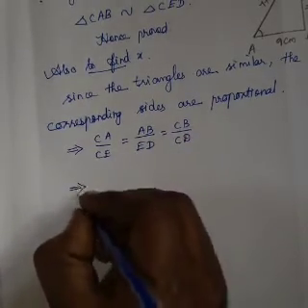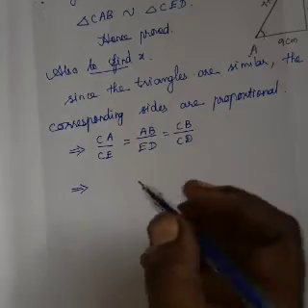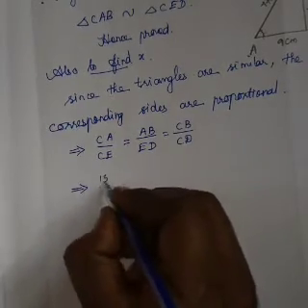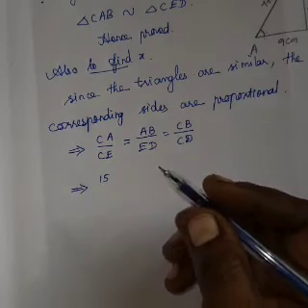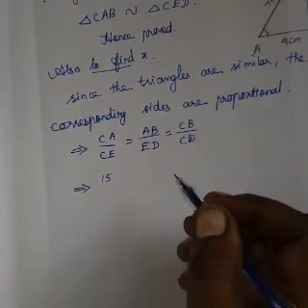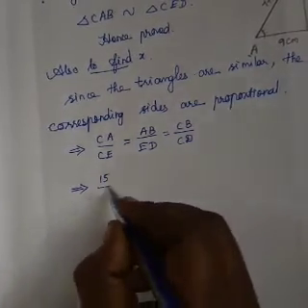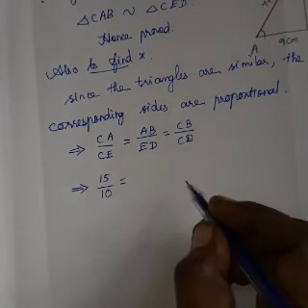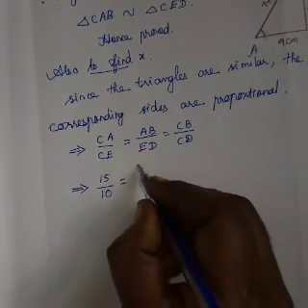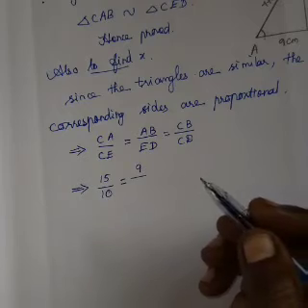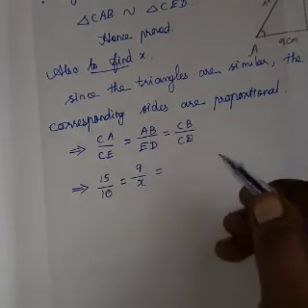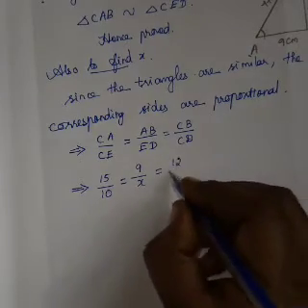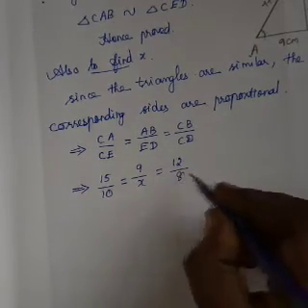What are the values we know? We can apply now. CA, that is 15 centimeter. Without measure we can write it, since we have the division, the units will cancel. CA divided by CE is 15 by 10, equal to AB, 9, divided by ED, which is x, equal to CB, 12, divided by CD, 8.